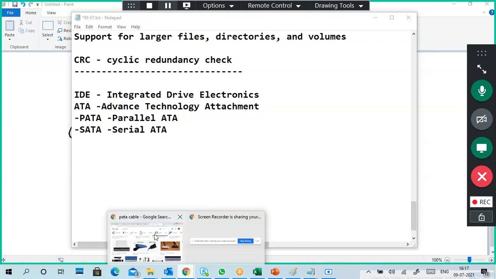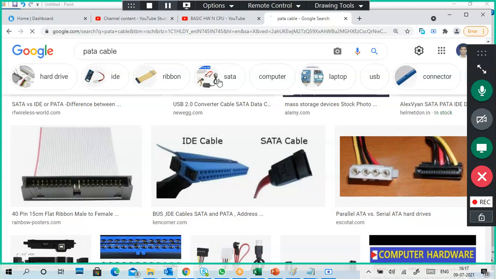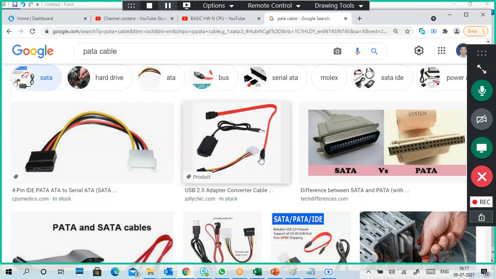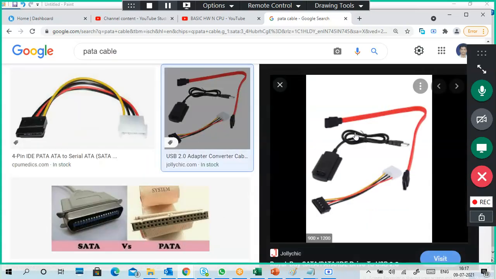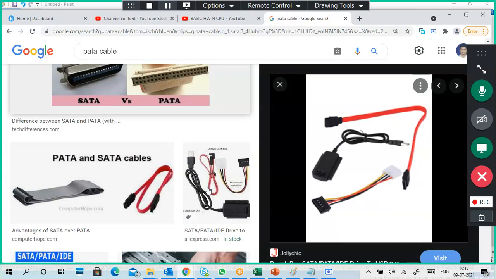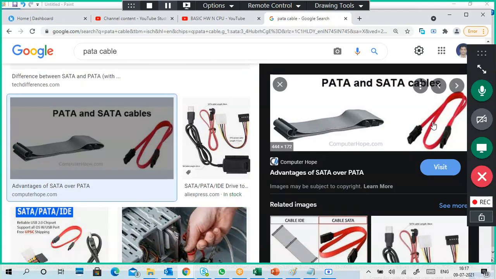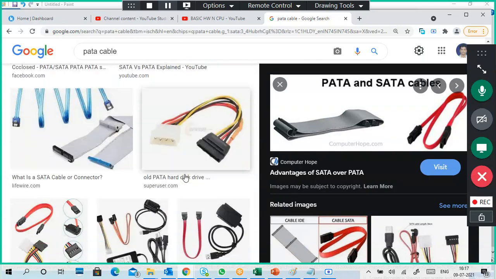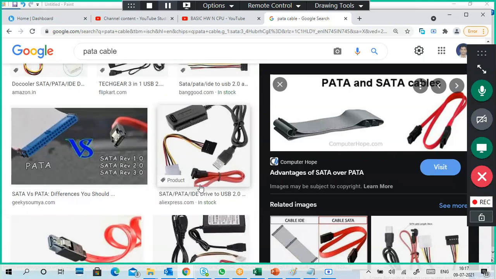You should also look at the motherboard interfaces once. This is the SATA. The red one is the SATA cable. It is a 4-pin connector and a single wire only, so you don't get two disks.